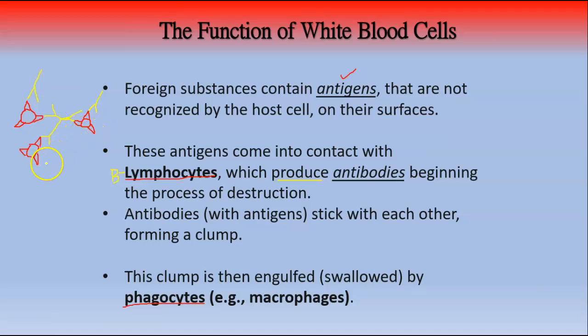You would have an antibody binding here, you would have one binding here, and then after the antibodies bind with the antigen, the antibody antigen complex would be formed.